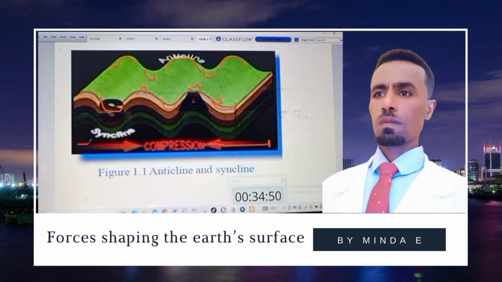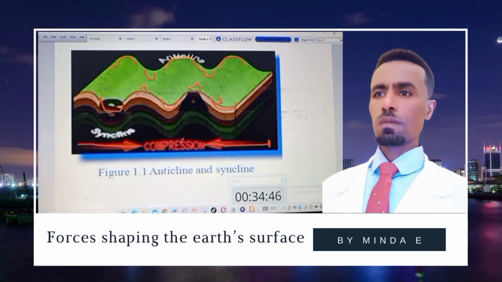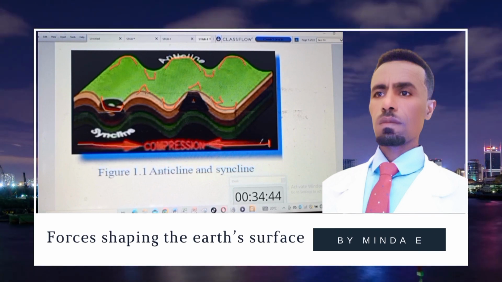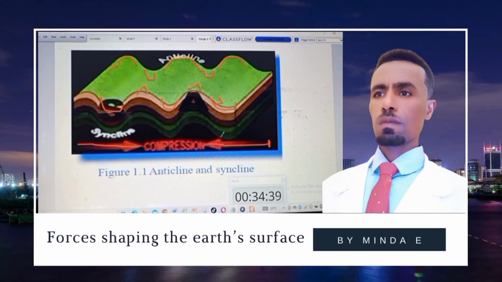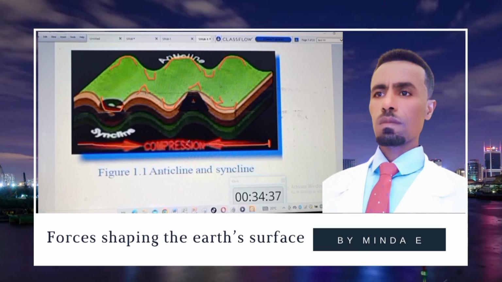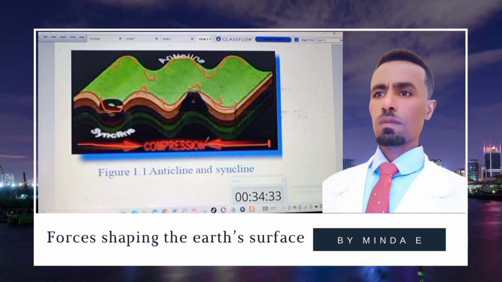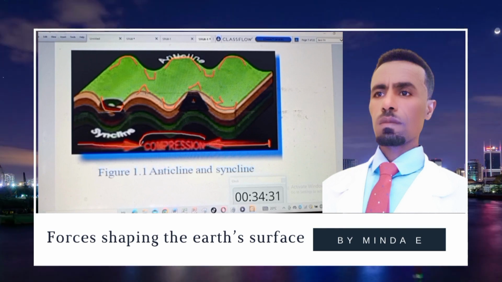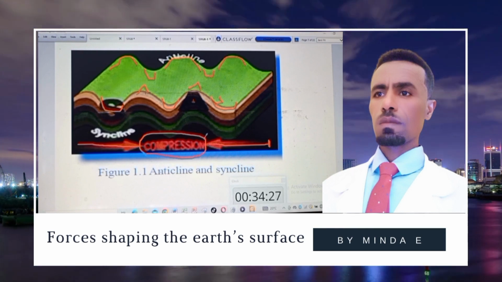Again, here is another force which runs towards the center. So these two forces come together and put pressure on a given point. This pressure is known as compressional force.